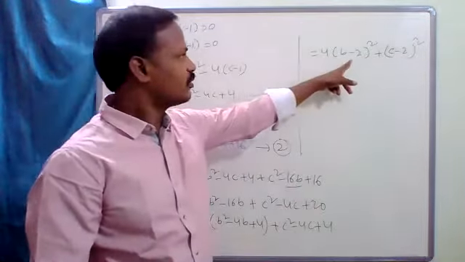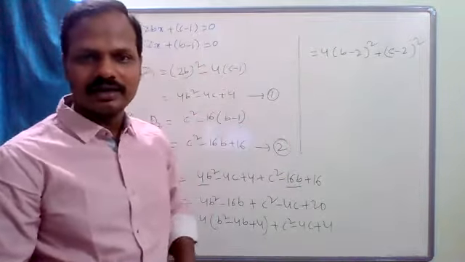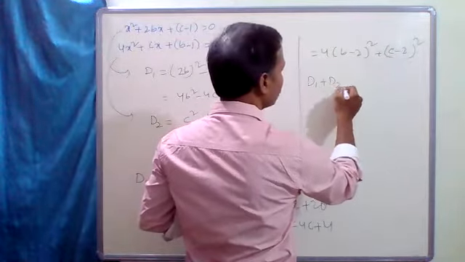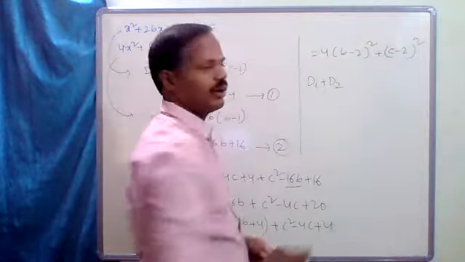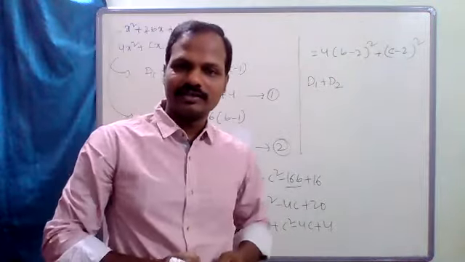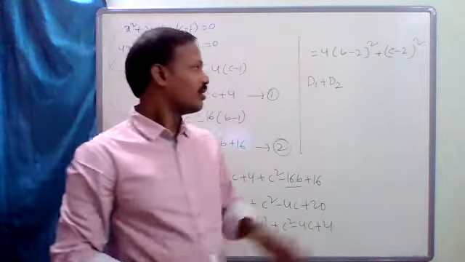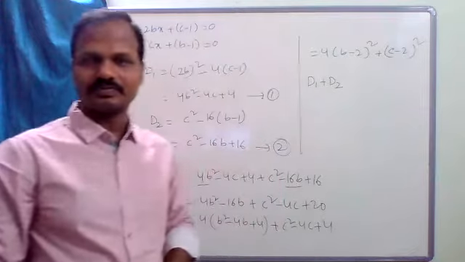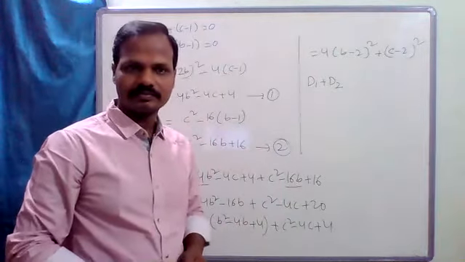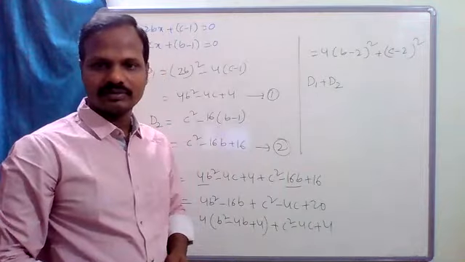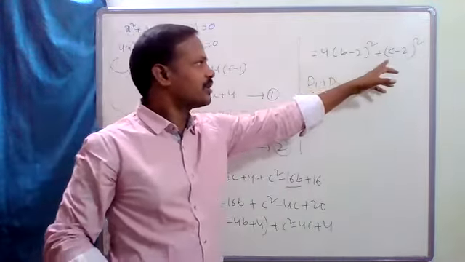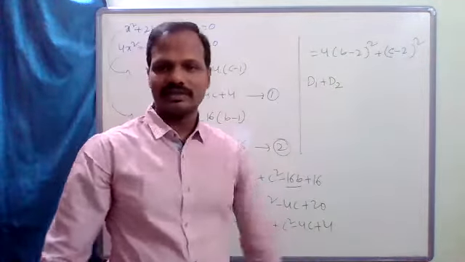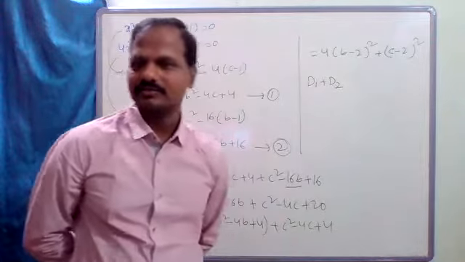Now d1 plus d2 equals this one. So what about the value of this one? d1 plus d2 is greater than or equal to 0, or less than or equal to 0? 4 into (b minus 2) whole square plus (c minus 2) whole square.